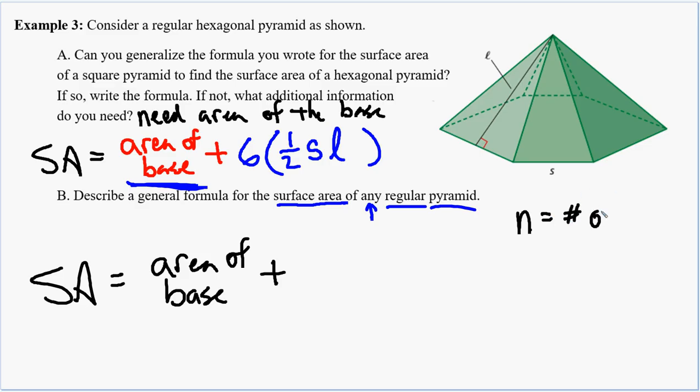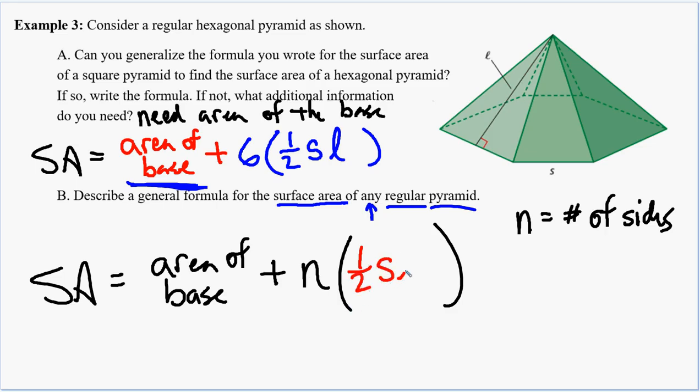So we're going to have n, the number of sides, times our triangle area formula, 1/2 S times L. All right, and that'll work for anything as long as we know the number of sides and can figure out the area of the base of that regular polygon.